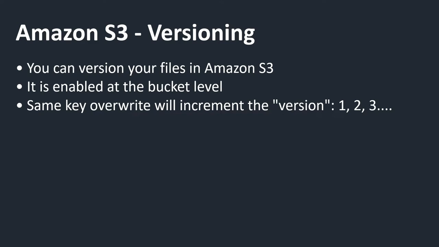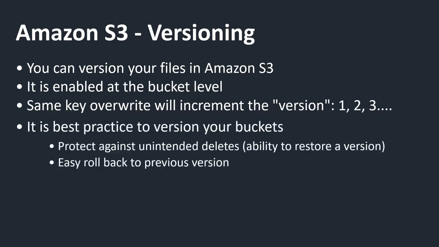It is best practice to version your buckets in Amazon S3 in order to keep all the file versions, because you can get protected against unintended deletes, since you are able to restore a previous version, and also you can easily roll back to any previous version you want.